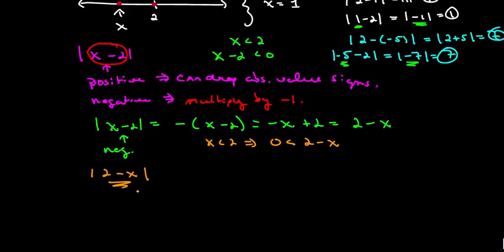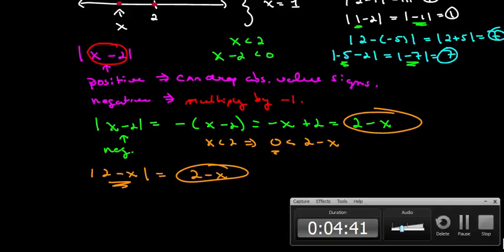So 2 minus x is a positive number. So this is just equal to 2 minus x. So I get the same answer regardless of which way I do it. I just have to be careful to make sure that the inside is not negative. And if it is negative, then of course we go ahead and multiply the inside part by a negative 1.